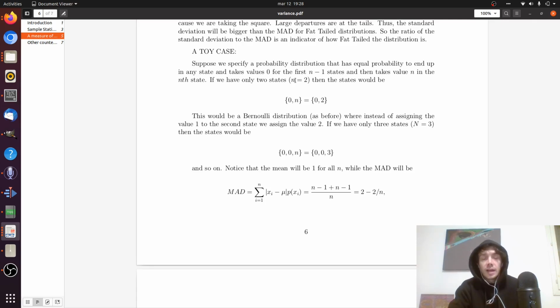So if we had 2 states, what would be the outcomes of our probability distribution? Well, the first n-1, which is just 1, would have value 0. Then the second one would have value n, but n in this case is 2, so it's going to be 0, 2.